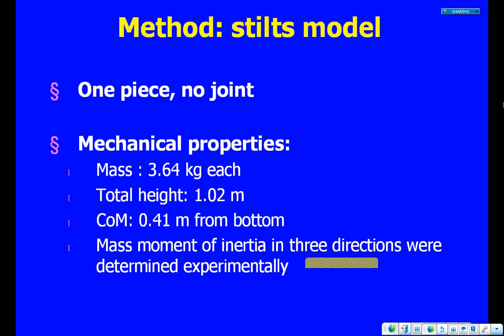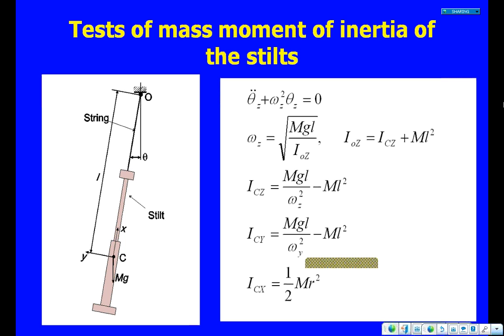The mass moment of inertia in all 3 directions we determine experimentally, also theoretically. I will show you how to determine them. For the stilts, you have a predetermined mass center, the C in the left figure.